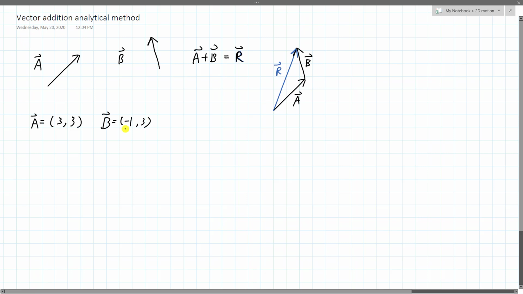So to translate this into simple English, you start from A's tail, you go 3 steps horizontally, and then you go 3 steps vertically. And for B, you go 1 step horizontally to the left, and then you go 3 steps up, right?